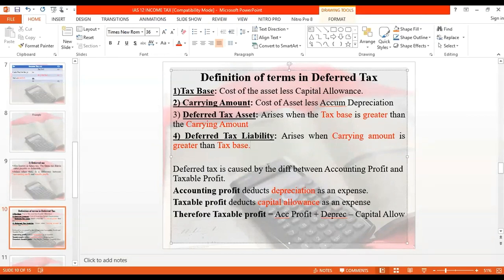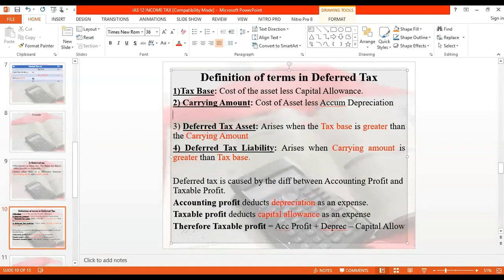I'll be answering. Now, capital allowance is the relief that is given. Please understand, it is the relief that is given. Maybe I define it here as number 3. Somebody has asked me to define capital allowance.